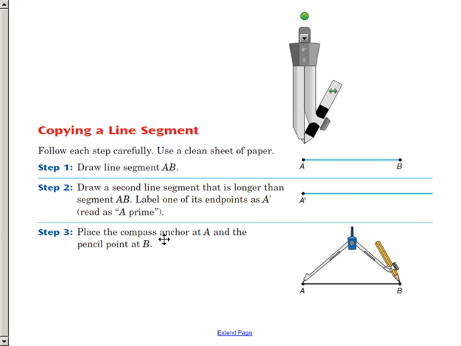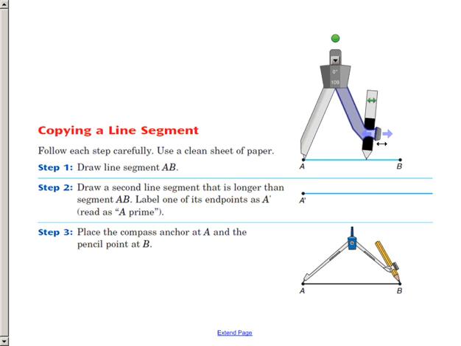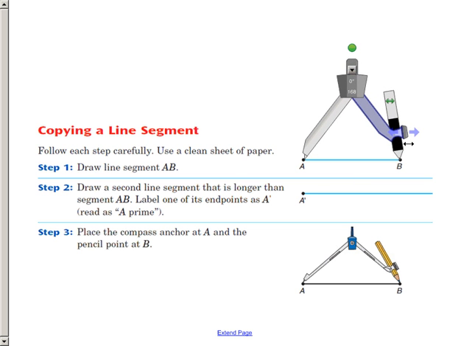All right, then you'll put your compass point on your original piece on A. You'll open it up until it reaches B, and then you'll leave it there. That's how long that line is. In your second line segment that you drew, you'll be moving this.